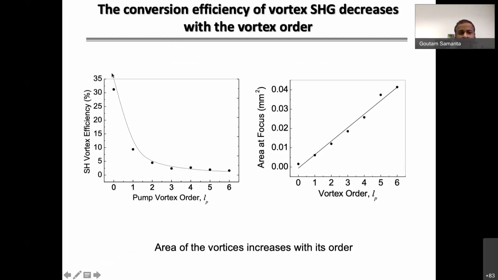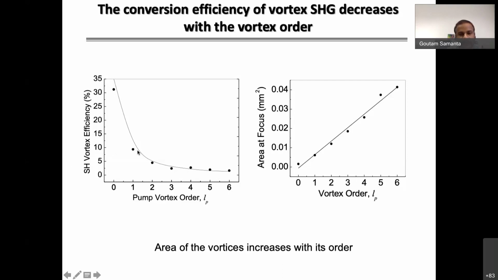Now, what we did, we tried to measure the conversion efficiency for all orders. For the Gaussian beam, nonlinear interactions are intensity-dependent processes. So if you have a higher intensity, which can be achieved using a Gaussian beam, then we can get a higher conversion efficiency, around 30%. But when we use a vortex beam, its divergence is more than the Gaussian beam, so it cannot be focused as tightly.